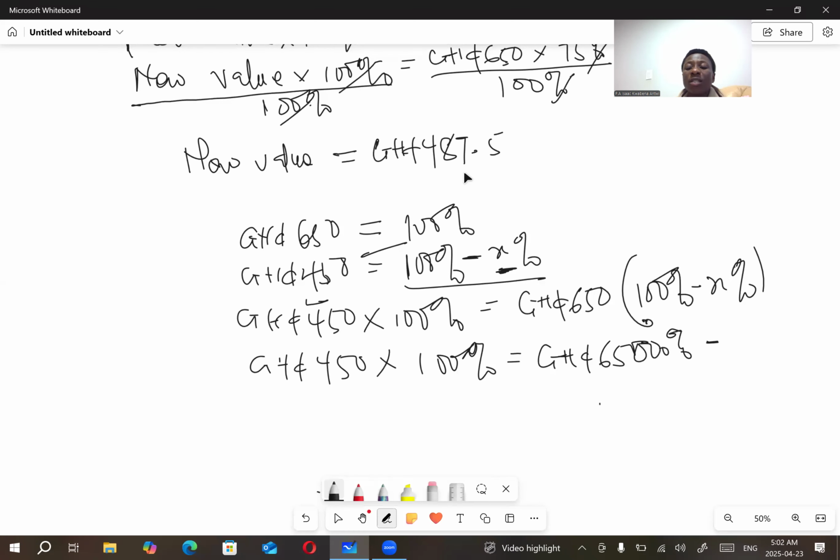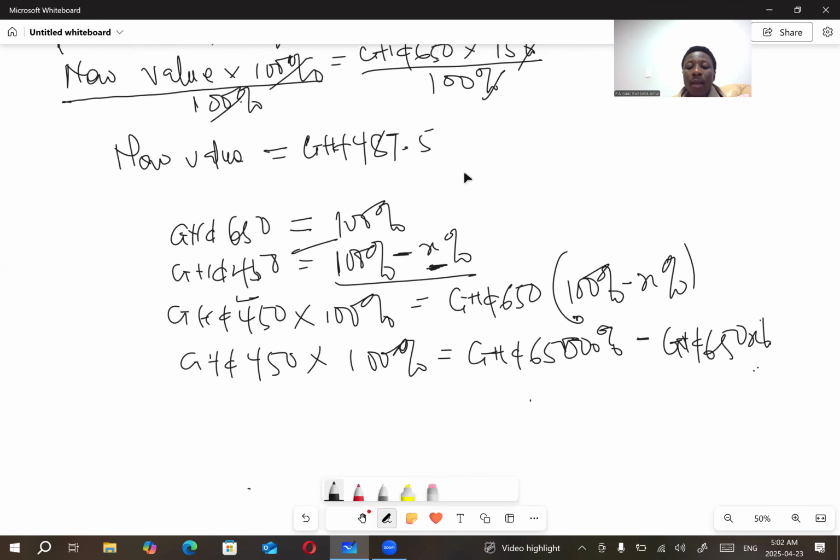So 650 times 100 is 65,000 percent, minus 650 times X in percent, and here it's Ghana cedis. Then at this juncture, mind you, this is what is holding the X you are concerned about, but we'll get there.